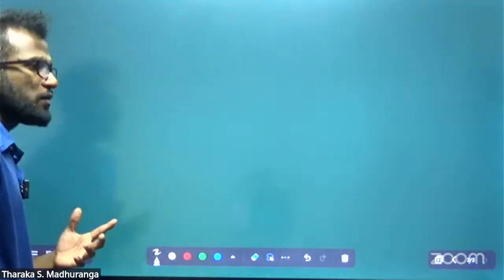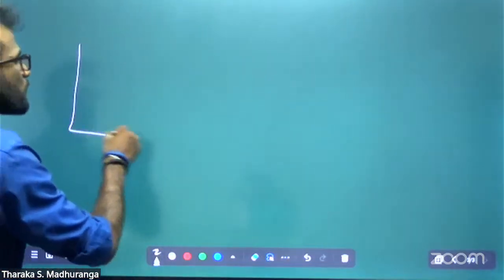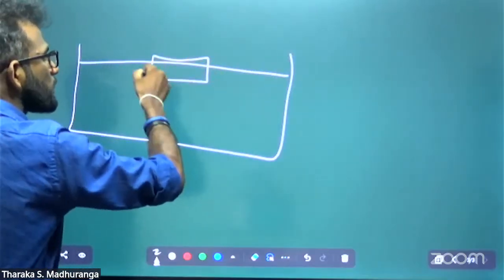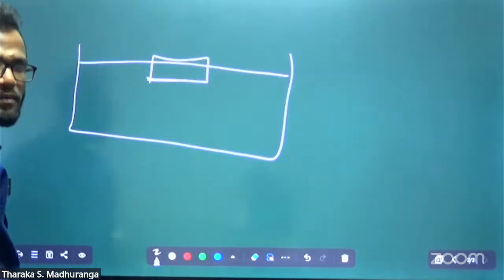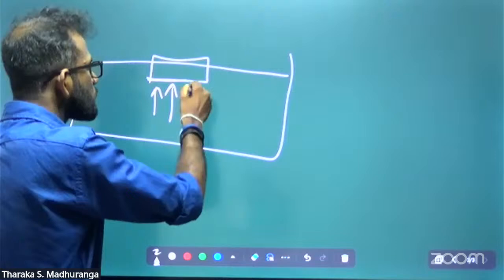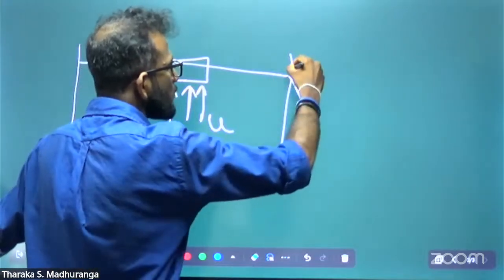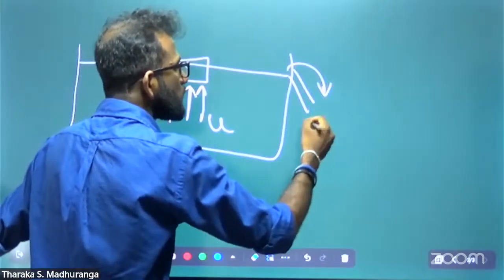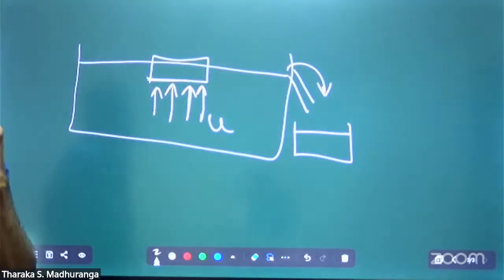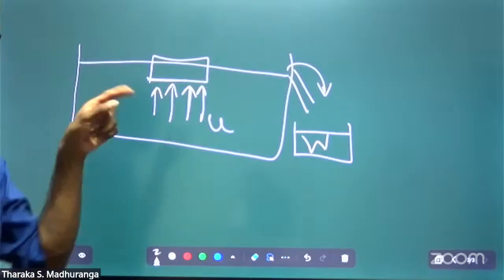How do we define it? If any object is partially or fully submerged in water or whatever liquid, the upthrust force acting on this object is equal to the weight of the displaced fluid.